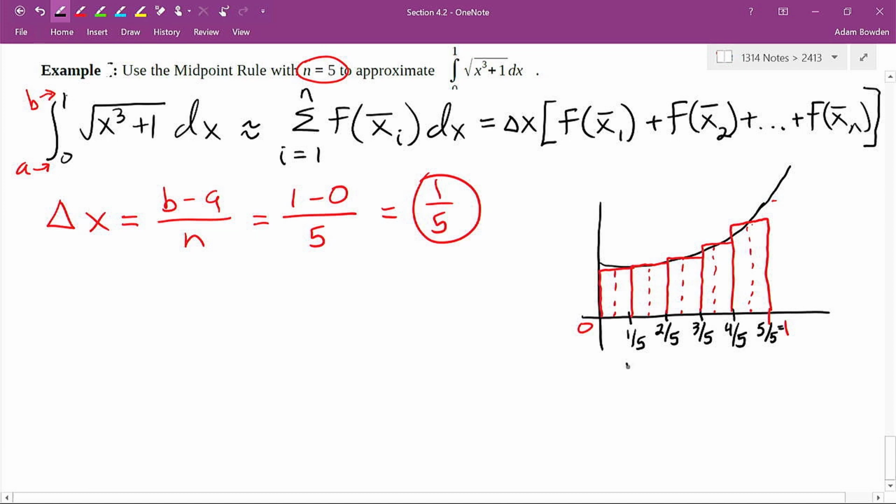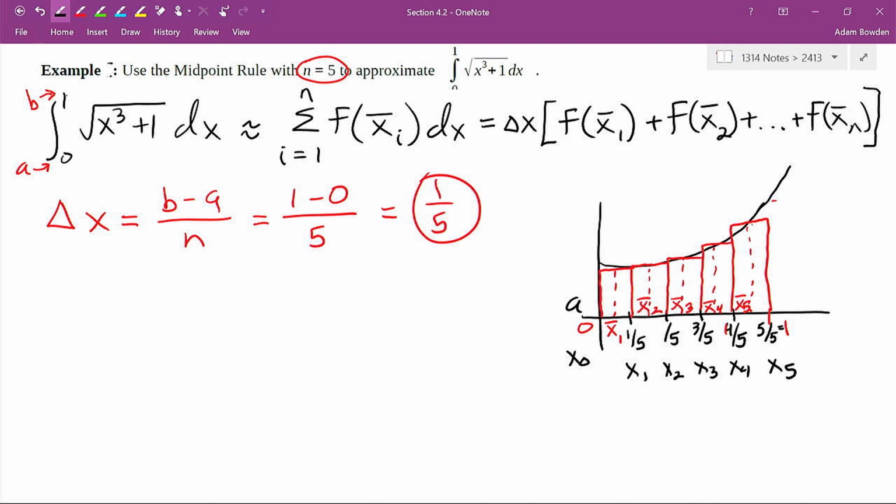And this is basically corresponding to x1, x2, x3, x4, and x5. And I guess we'll consider also the first one as x0, which is also a. Now in the middle is where our x̄ is going to be located. That's corresponding to the midpoint location. So x̄1, x̄2, x̄3, x̄4, and x̄5.